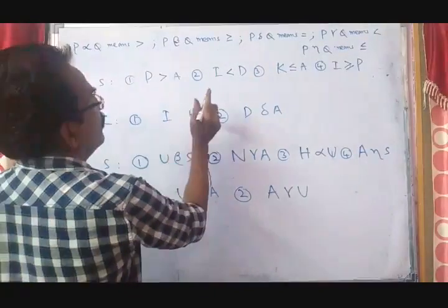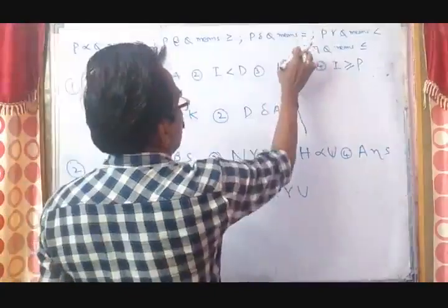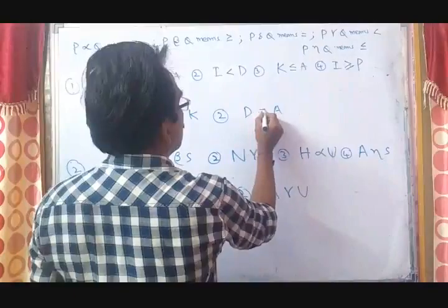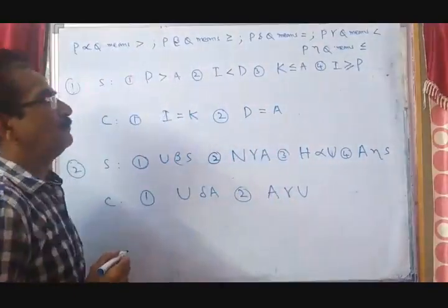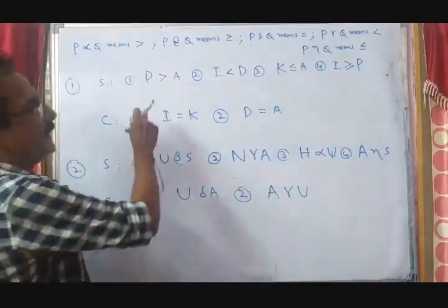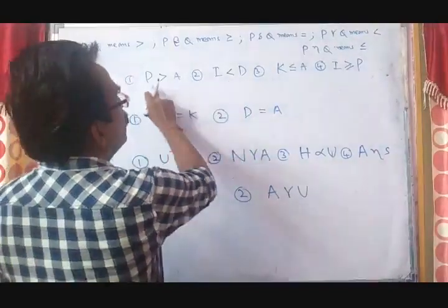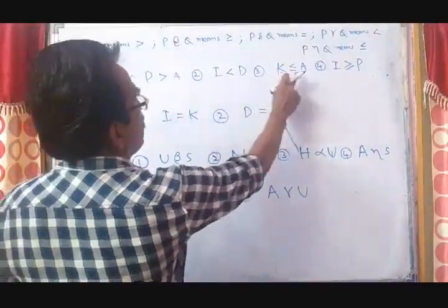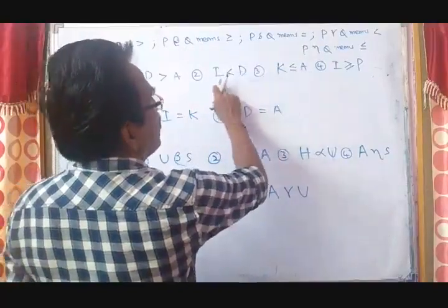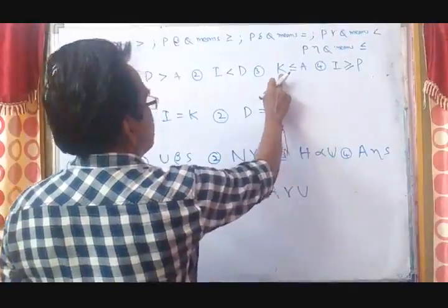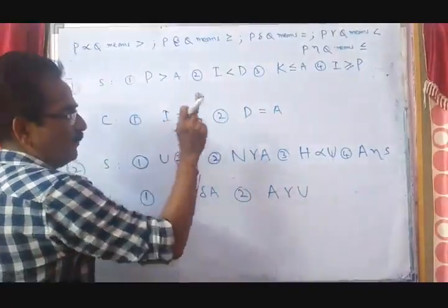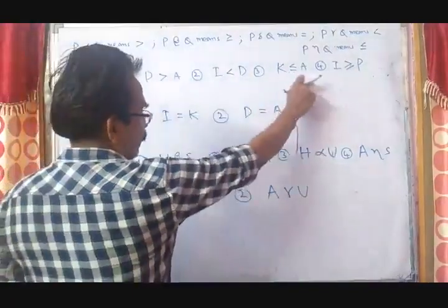Delta means equal to. So here let us write the statement. Only two P's are there, two A's are there, two I's are there. One K is there, one D is there. One K is there in the entire four statements.